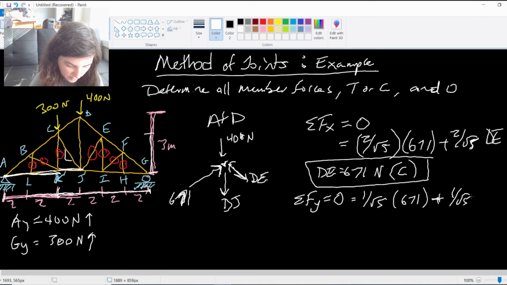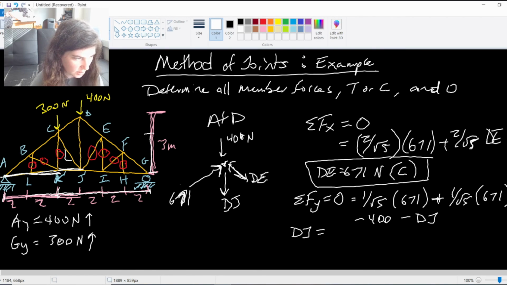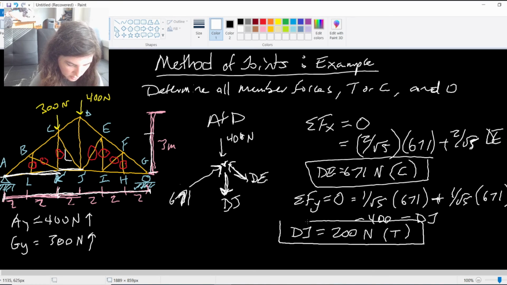Plus 1/5 671 for our DE minus 400 minus DJ. So I get DJ equals a positive 200 newtons. And I got a positive answer, so even though that means the DJ is actually pointing down, it's in tension.